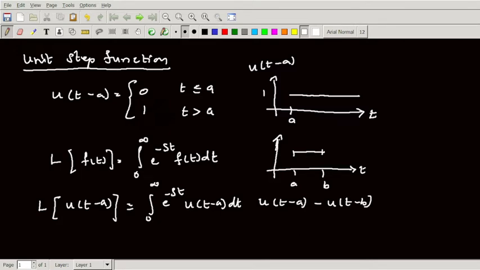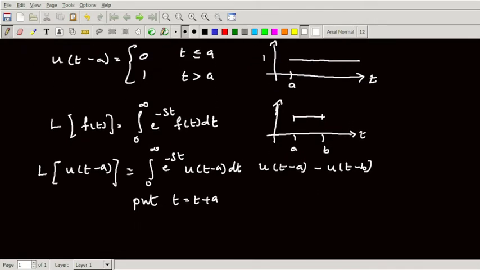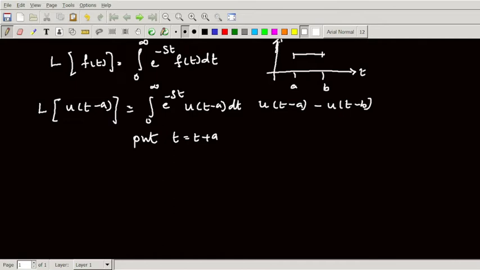So what we must do is put t equal to t plus a. If we apply t equal to t plus a, then dt remains the same, the lower limit is 0 and the upper limit is infinity, and e power minus st is replaced by e power minus s into t plus a, and u of t dt.